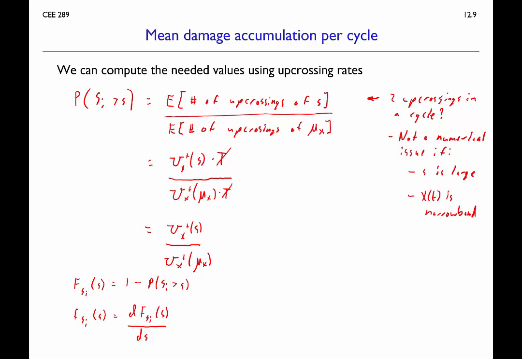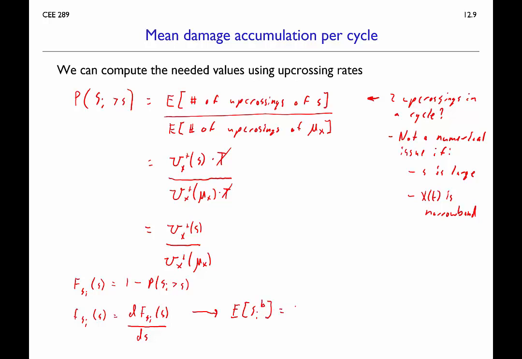But let's note that it's going to be useful to have the PDF, because ultimately what I'm interested in is the expected value of SI to the power B. Right, so I need this B exponent in there, not just the mean value of SI.